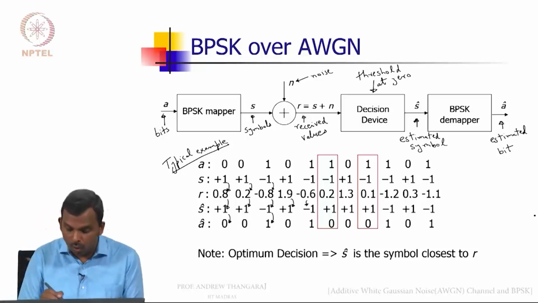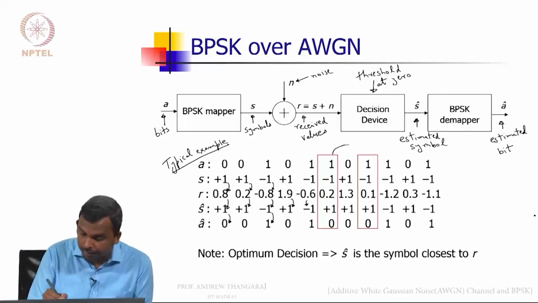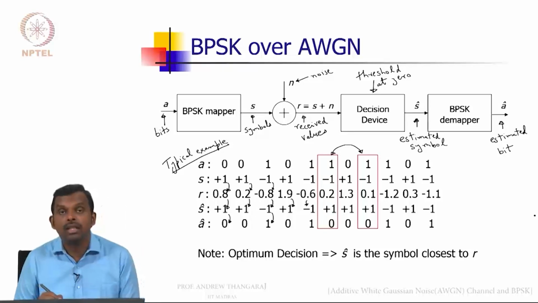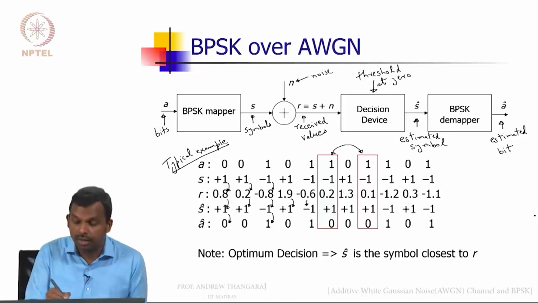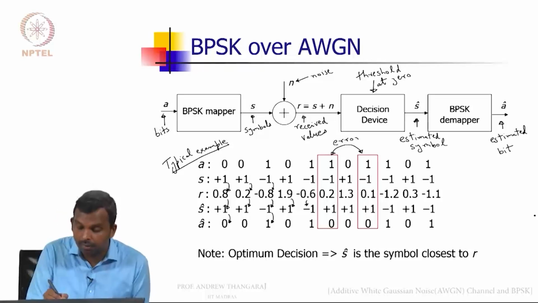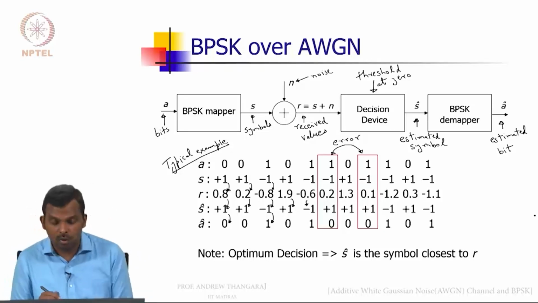Okay. So, now what are these two things? Okay. In these two instances of transmission, there was an error. Okay. So, notice what has happened.